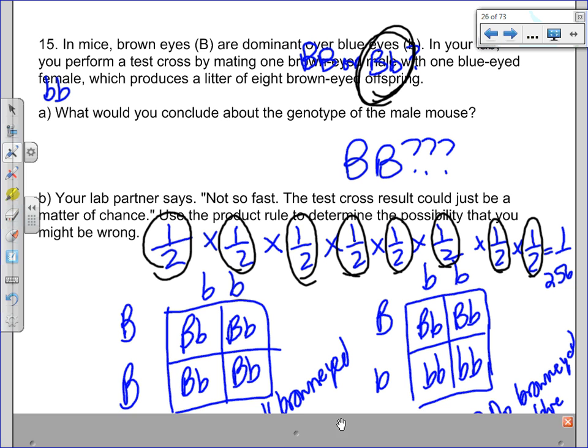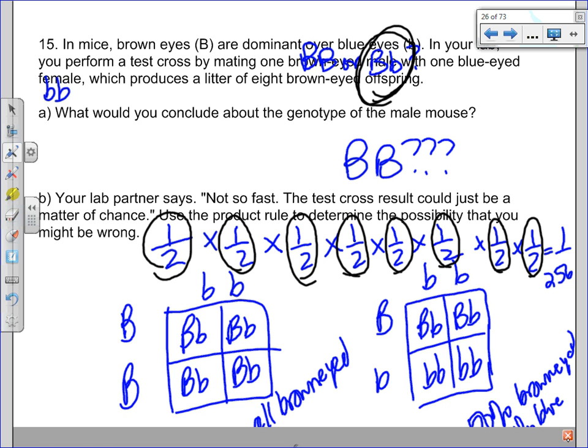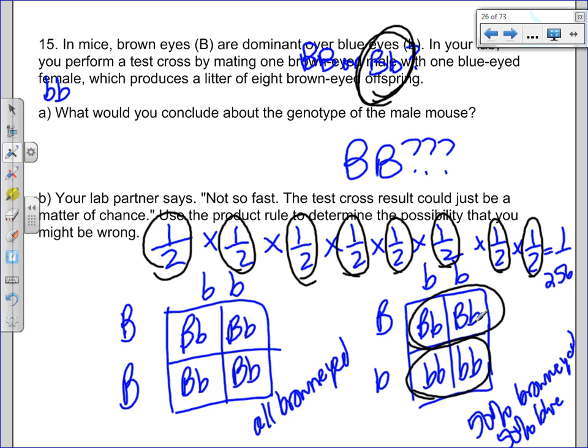This was just showing again how I got them to do the test crosses to see what the likelihood was. And this is how we got that half would be blue and half would be brown, if indeed this guy was heterozygous.